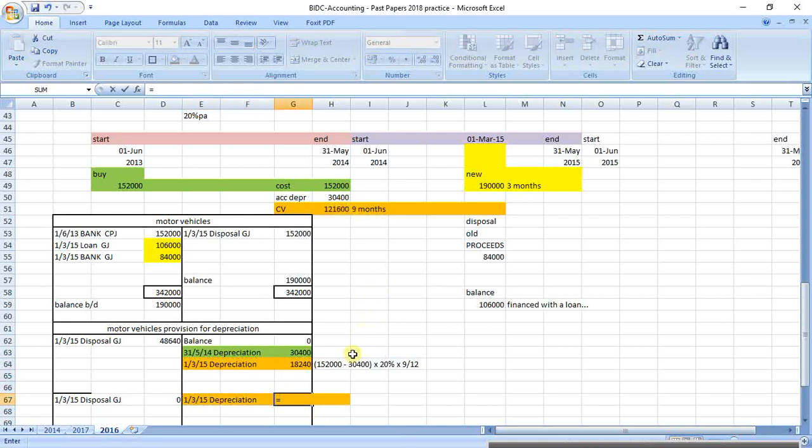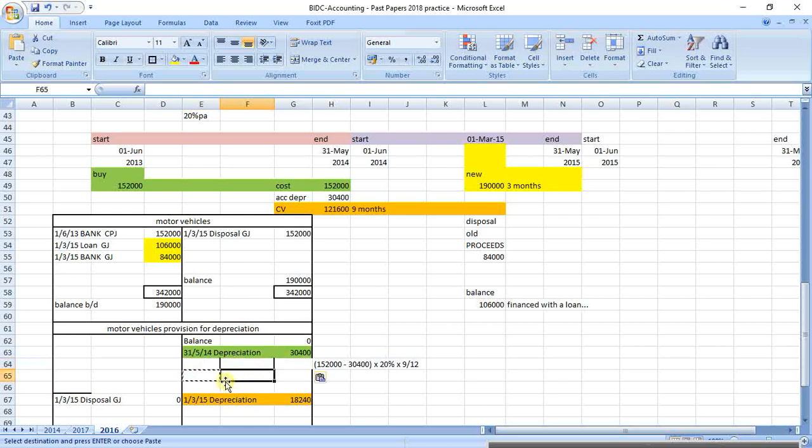Where's the 8? Okay, I'm going to work it out. Copy this. This times 20% times 9/12. Yeah, I just want to add a balance brought down, balance carried down for this bit, just because they're 2 different years. That's all.